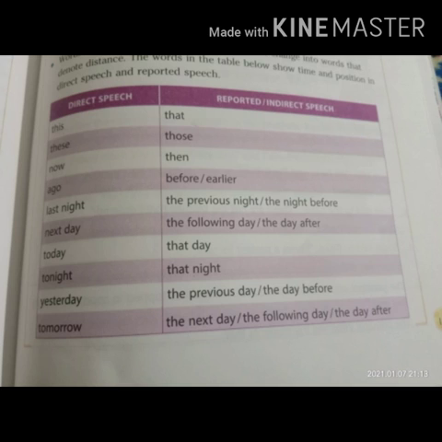This will change into that, these into those, now into then, ago into before or earlier, last night into the previous night or the night before, next day into the following day or the day after, today into that day, tonight into that night, yesterday into the previous day or the day before, and tomorrow into the next day, the following day or the day after. These are the important 6 steps you have to learn and understand. I hope you understand these points.